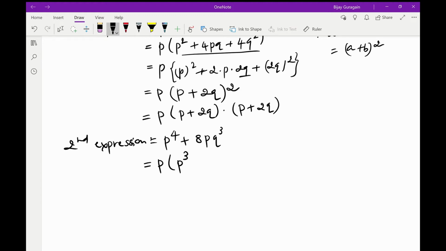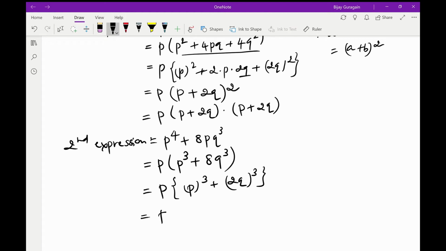It becomes p³ + 8q³. This is in the form of a³ + b³, which is p³ + (2q)³.